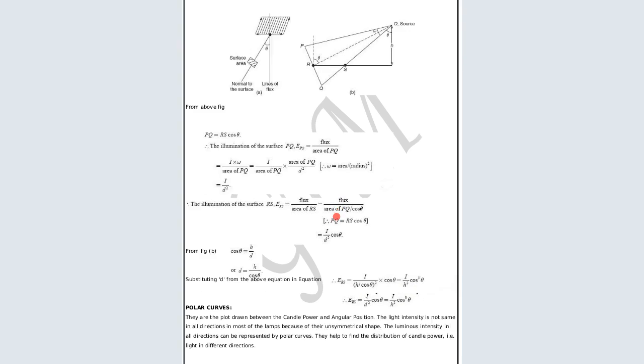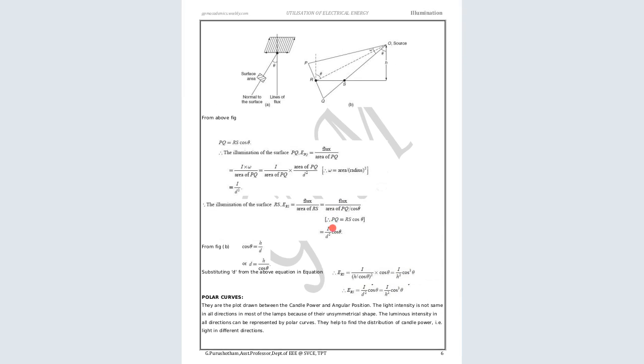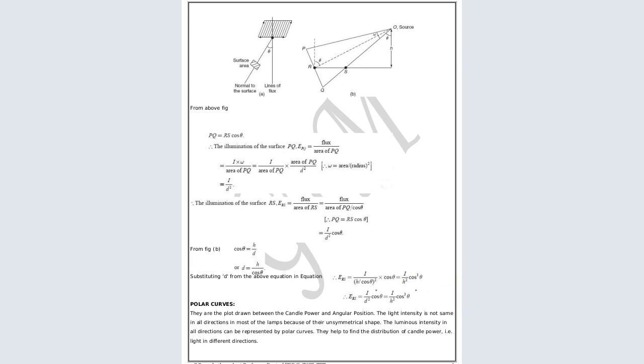So we can see here, this is what we are majorly going to use in our calculations. That is our theta, the normal to the surface, the surface area where the light lands, and the lines of flux. So the source, we can see the way it's calculated.